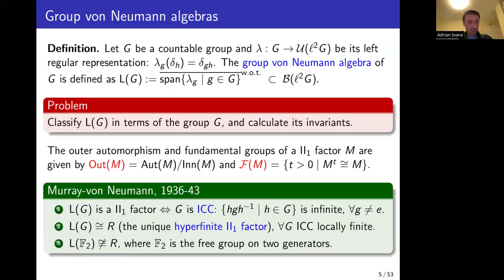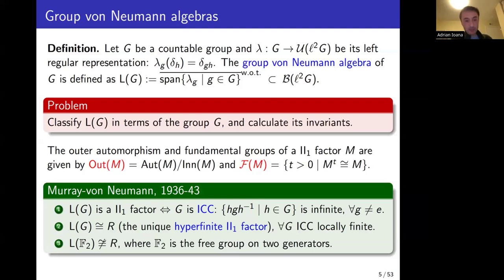And then the thing I want to tell you is that already this problem of classifying L of G was considered by Murray and von Neumann, who introduced the construction of the group von Neumann algebra. They proved three facts that I want to recall.